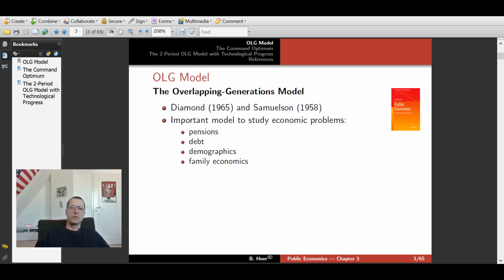Similarly, some questions of national public debt can best be analyzed in the overlapping generations model. So for example, in the Ramsey model, we know that Ricardian equivalence holds. So if a government increases its public debt, what will the households do? Well, they just increase savings because they know in the future taxes will go up because the government has to repay its debt.